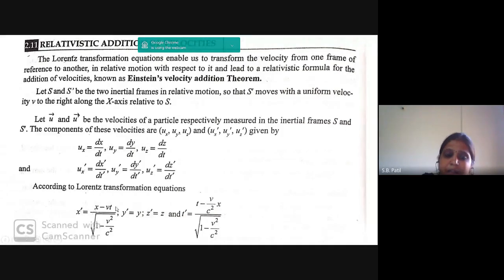Here the S prime frame moves along the positive direction of the x-axis with respect to the frame S. That means there is no motion along the y and z axes, so we can write y prime is equal to y and z prime is equal to z.